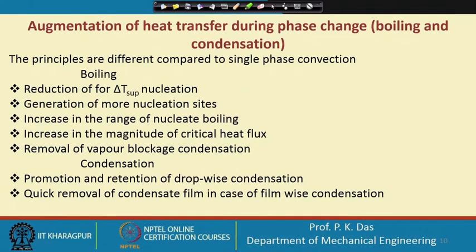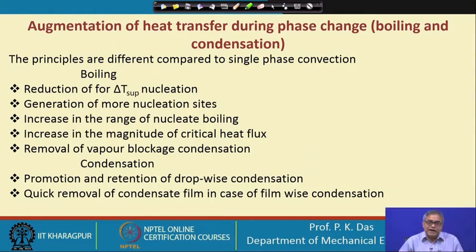Let us quickly see the augmentation of heat transfer during phase change, boiling and condensation. Initially I have discussed what we should do for single phase flow, but when there is a phase change, the principles are completely different. In case of boiling, generally some degree of superheat is needed between the solid surface and the fluid to initiate nucleation.